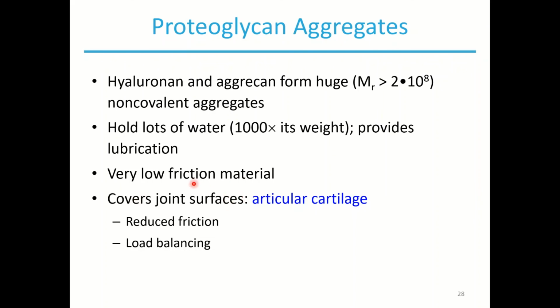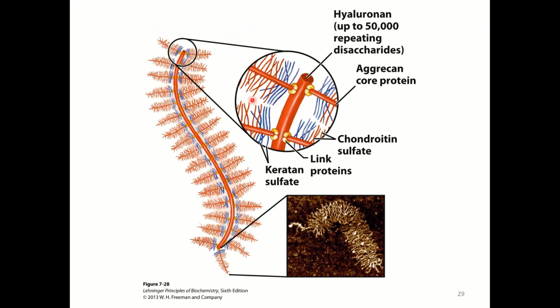The surfaces of your joints are covered with this cartilage. And what that does is it reduces friction, and it also helps with load balancing. So what does this look like? Well, you have this hyaluronan, shown here is just kind of a cartoon, right?